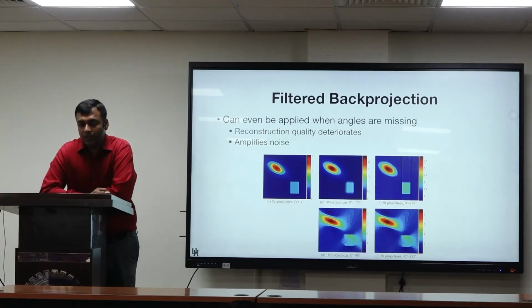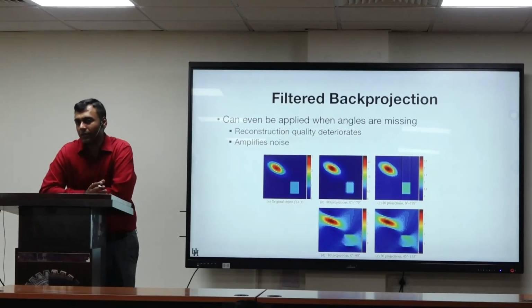Basically, that's a non-trivial problem. If you make some assumptions about the nature of the object, then based on different assumptions you could fill things in. In fact, this is something I'll talk about in the next class. There are different ways of estimating what is outside, and based on different assumptions you could get different answers.